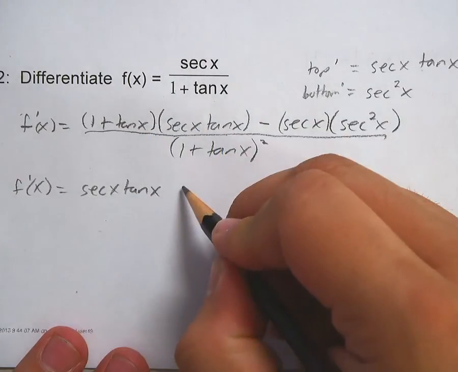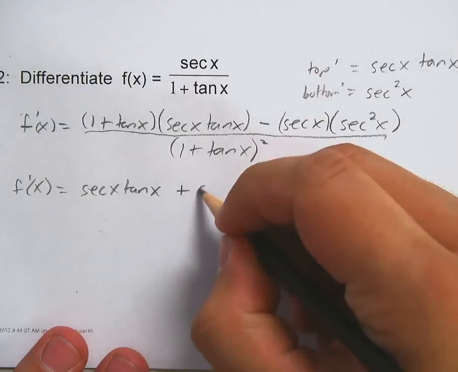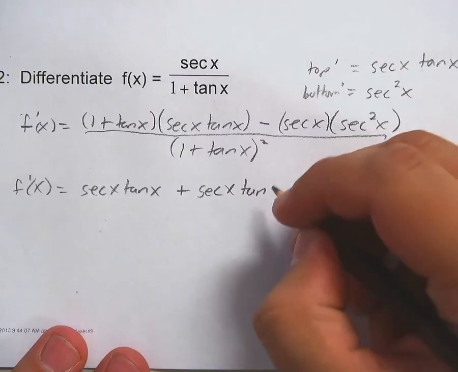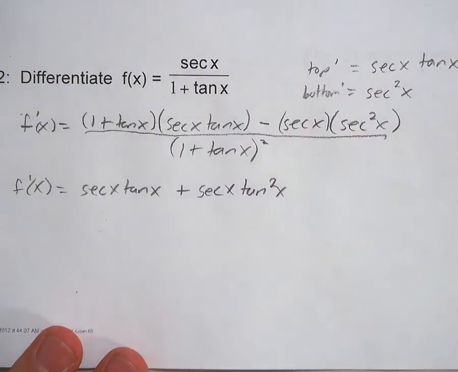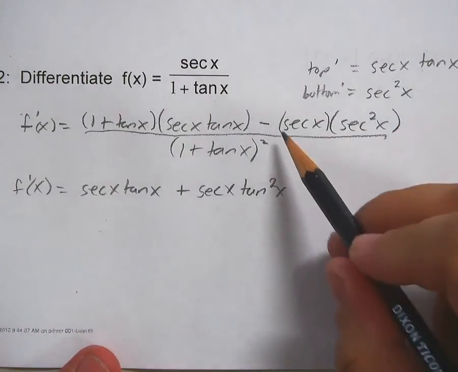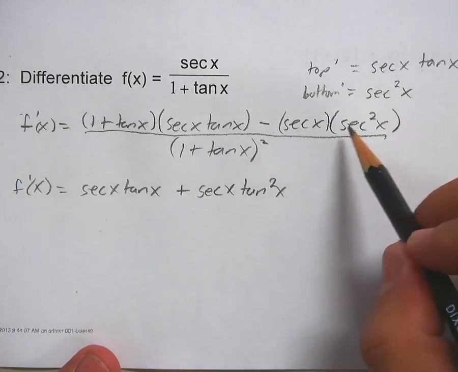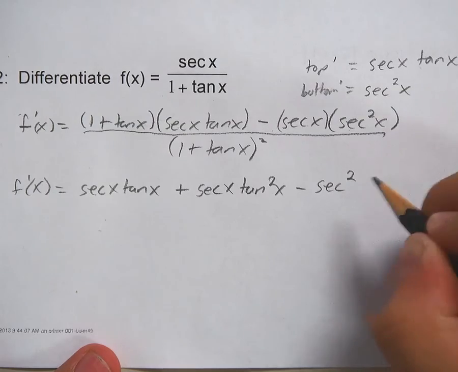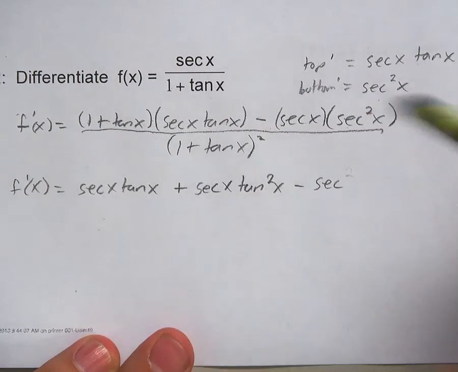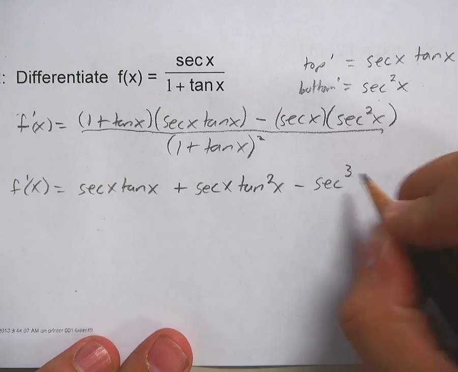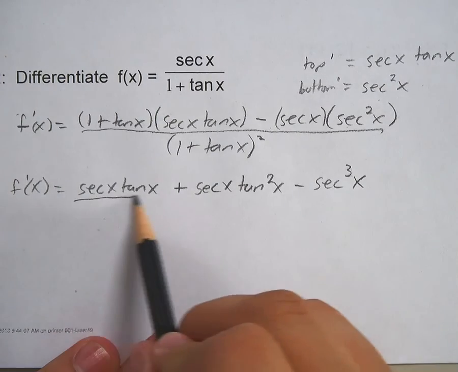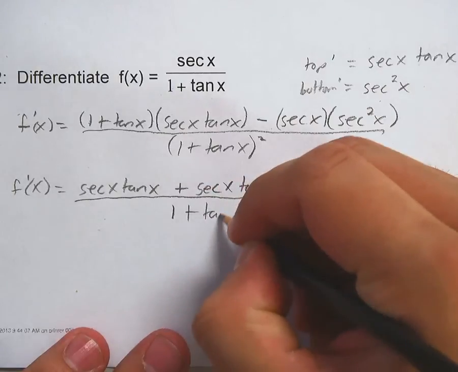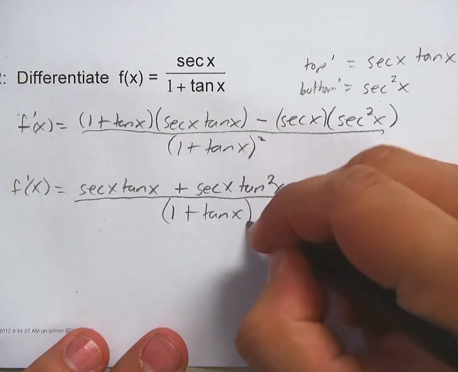So it's going to be plus secant x tan squared x minus secant times secant squared. Secant times secant squared is secant cubed x. All over 1 plus tan x squared.